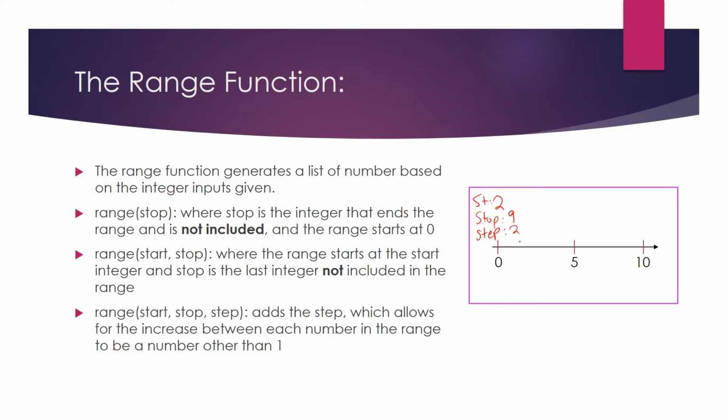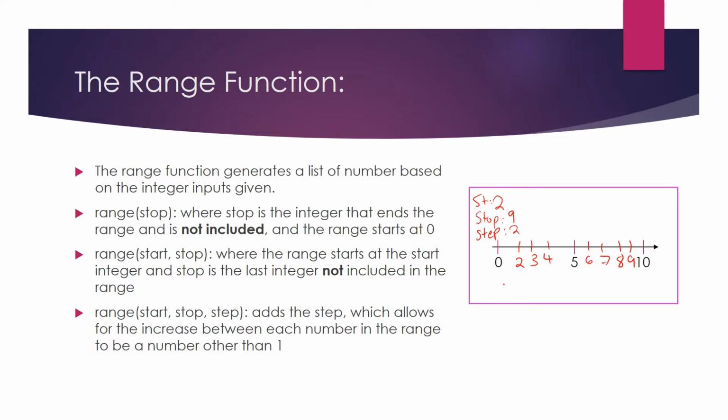So we're going to start at 2 here, and we're going to go up to, not including 9, so that would go up to 8. Now, with this step, we're not going to count 3. So we'll skip 3, right? We're going to jump by 2 and go to 4. And we'll skip 5 and go to 6. And then we'll skip 7 and go to 8.